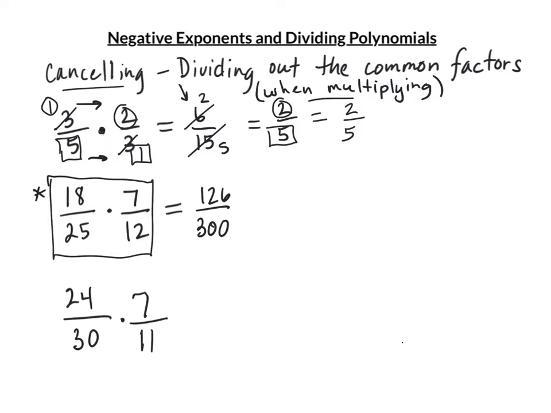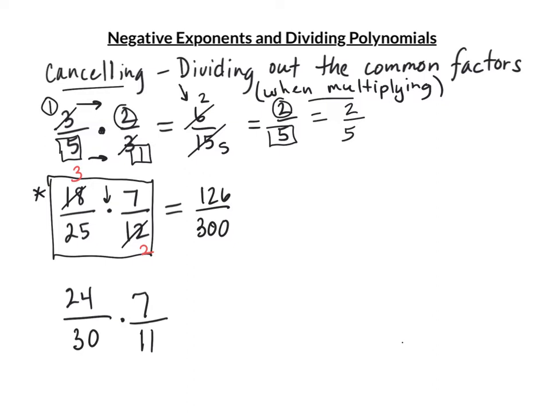Notice that 18 and 12 are both divisible by 6. Above and below, that's the rule. You must have something above, something below. You must have multiplication. These are both divisible by 6. 18 divided by 6 is 3. 12 divided by 6 is 2.